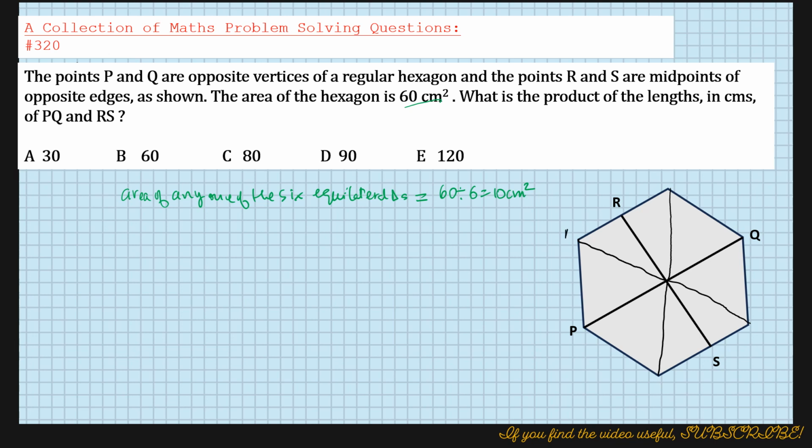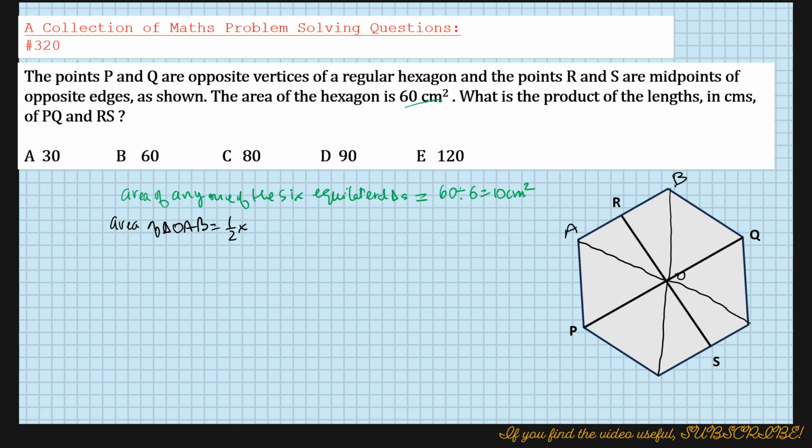the area of triangle OAB would be half times base times height.